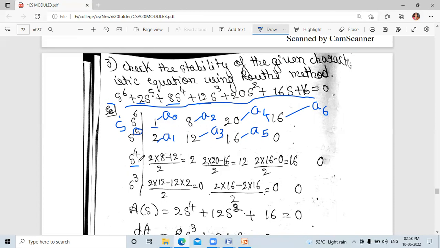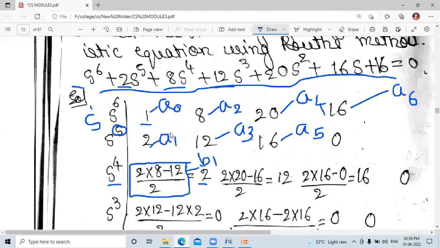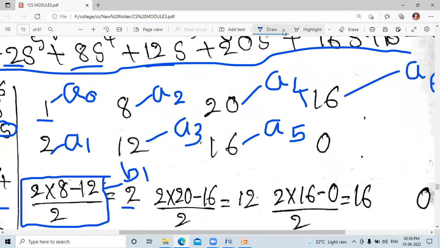Okay. So now here A1 into A2 minus A3 into A0. That is the value here. This is nothing but the B1 value. So in order to find B1, what you need to multiply?